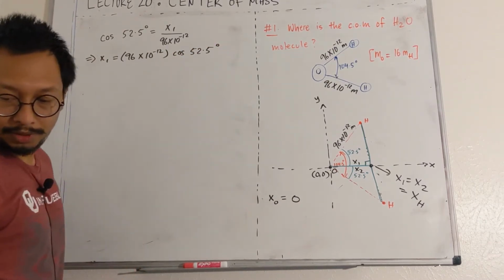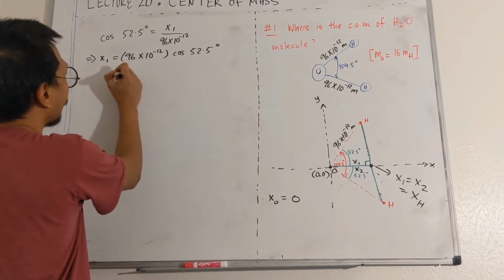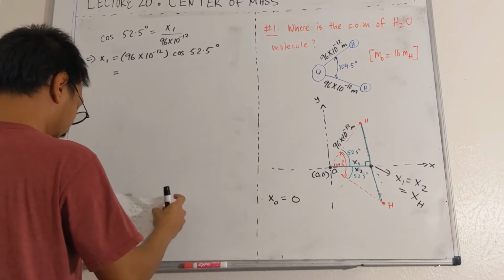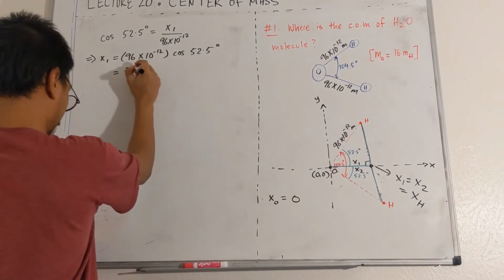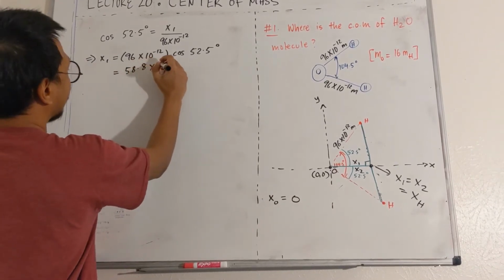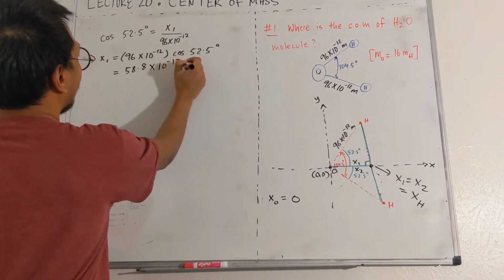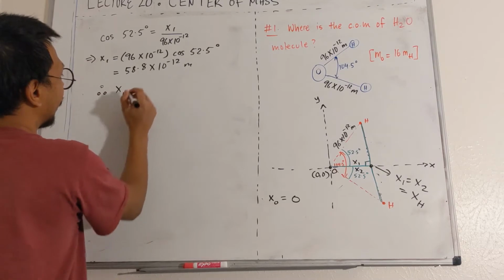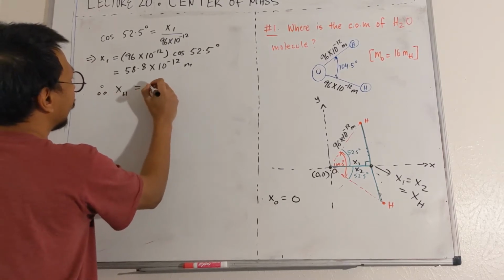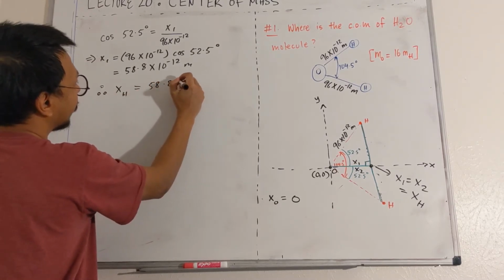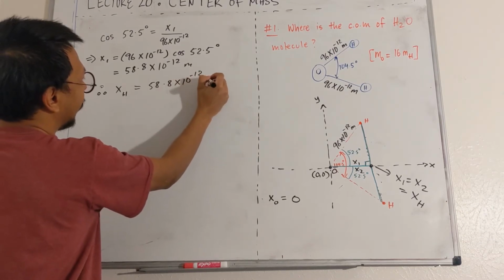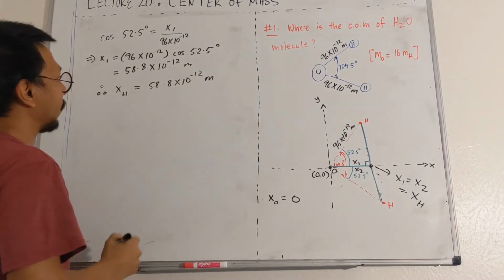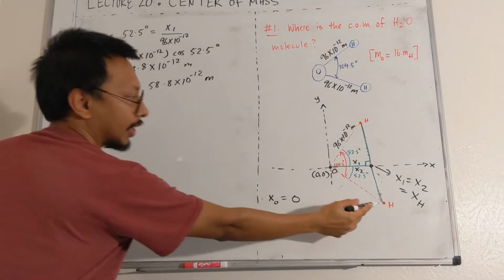This comes out to be 58.8 times 10 to the minus 12 meters. Therefore, the x coordinate for both of these hydrogens, x_H, is equal to 58.8 times 10 to the minus 12 meters.